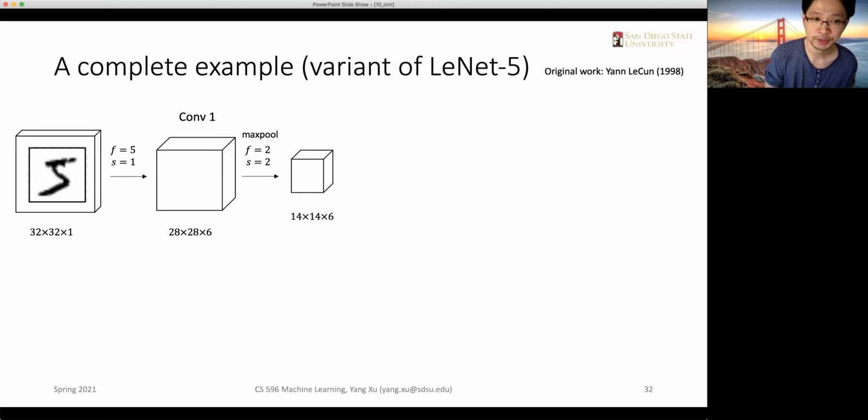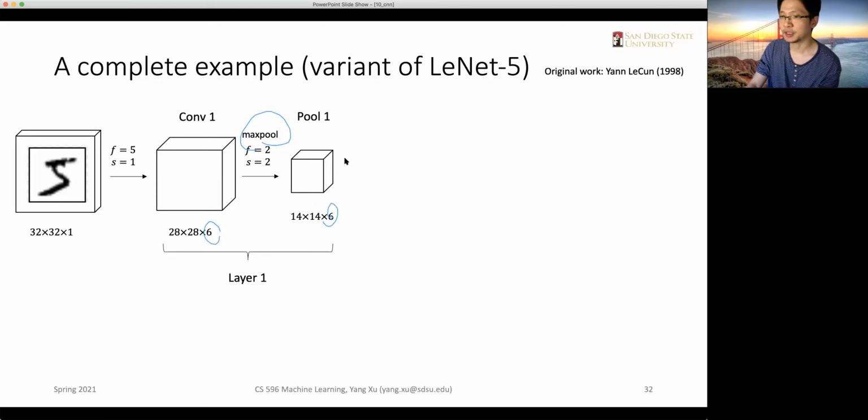It preserves the number of channels, because pooling doesn't change the number of channels, so the 6 is still 6. Those are the outputs after the first pool. Sometimes we call the conv plus the pool together one layer, because a convolution followed by a pooling is a very typical paradigm in convolutional neural networks. So that's our first layer.